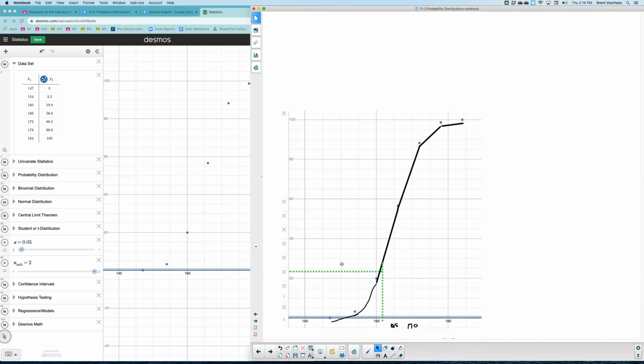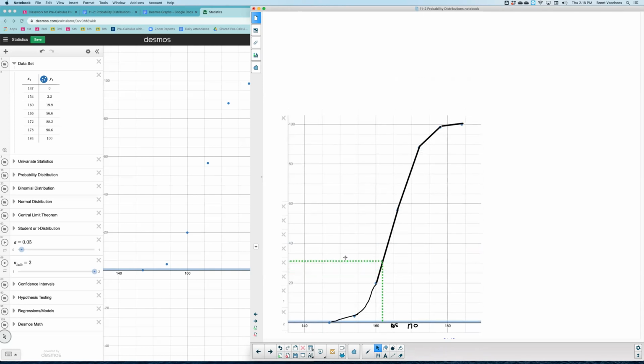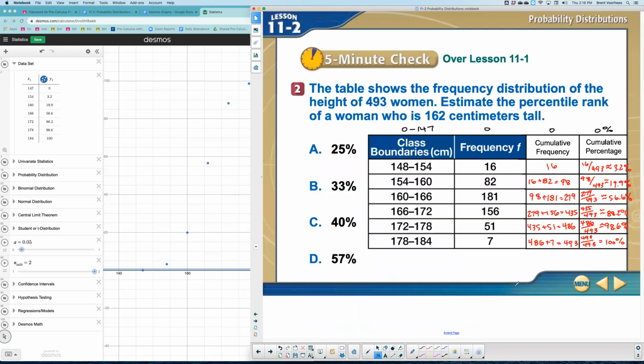So 33 would be just over this line. There's 33 right there. I would say that probably better represents the value 162. So I'm going to go with 33% here. 33% when we're at the weight of 162. So I'll go with B.